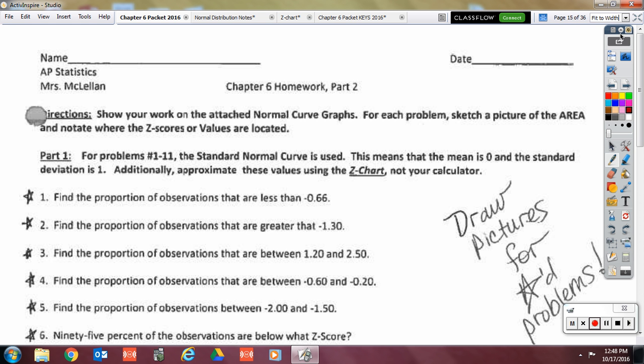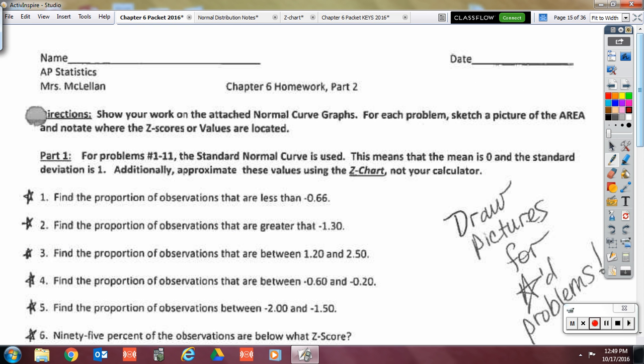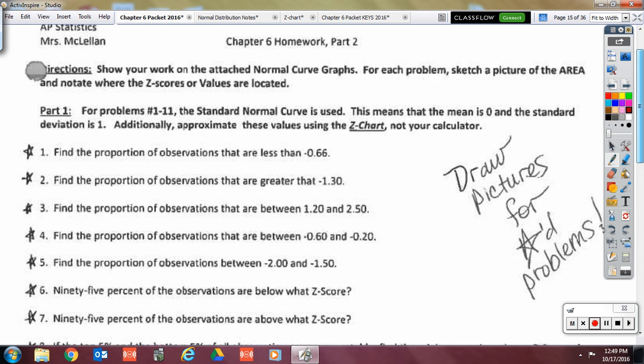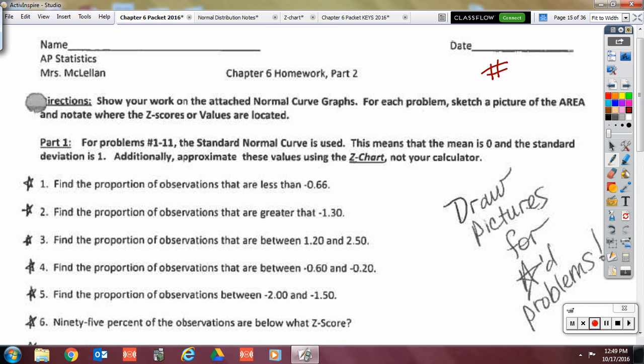These are all on the standard normal curve, where all of these have a mean of 0 and a standard deviation of 1. So what you are going to do on all of these is draw your picture. Basically do what you did on the quick check, but for this set. So do numbers 1 through 11 today and do the drawings just like we did on the quick check.